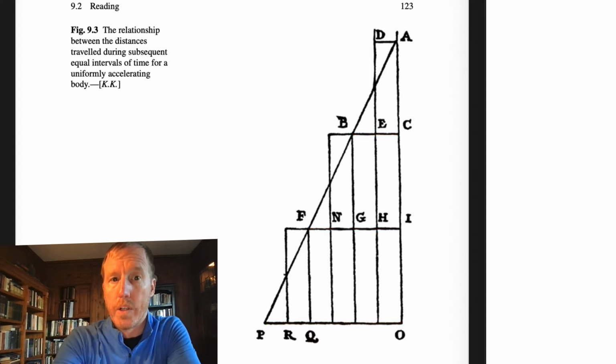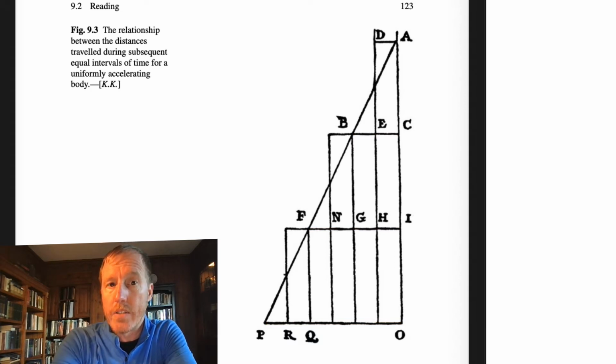So for example, in the time segment AC, the object begins at rest, and by the end of that time is falling with the speed BC. In doing so, it will travel the distance that's given by the rectangle ACED, or equivalently the triangle ABC.